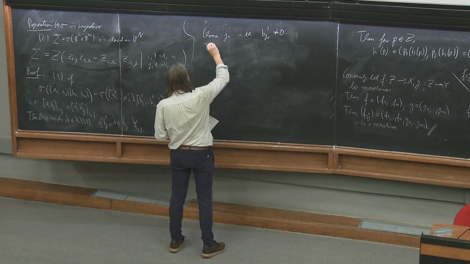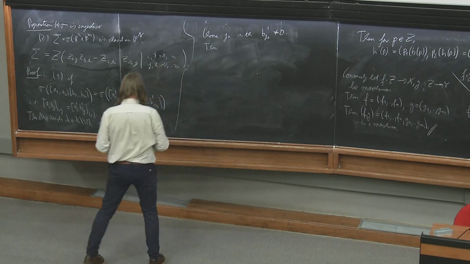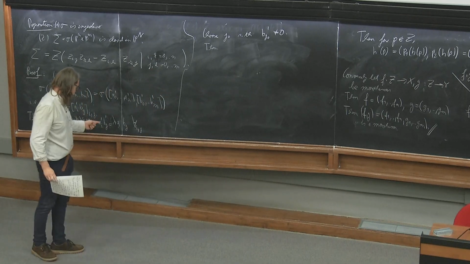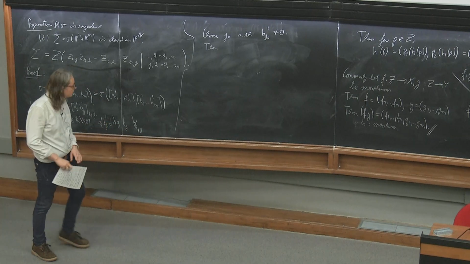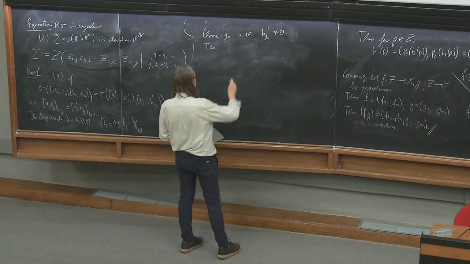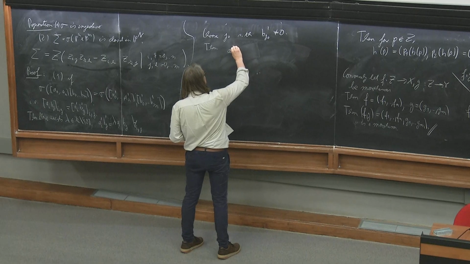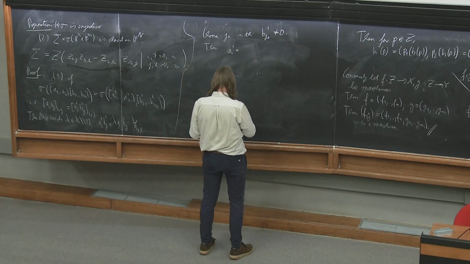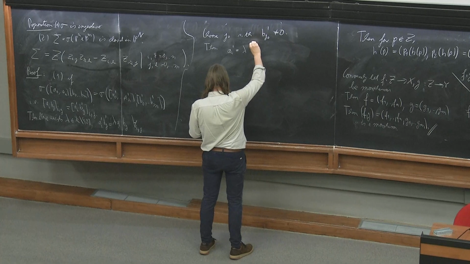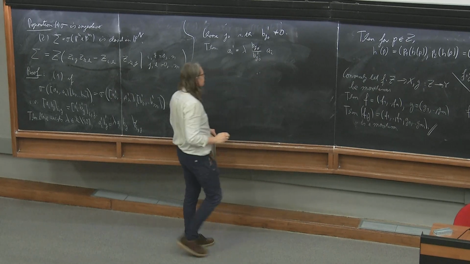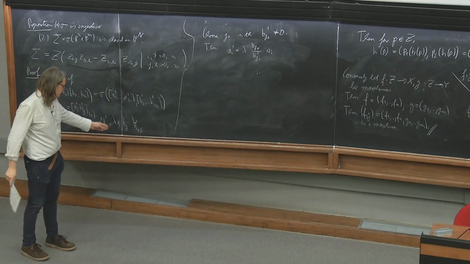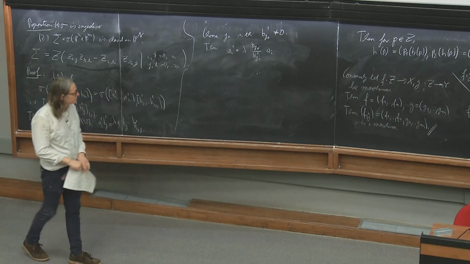So then I can take the second index to be j_0 and bring everything to the other side, so we obtain that A_i' is equal to lambda times B_j0 divided by B_j0' times A_i. I've just taken this equation with j equals j_0 and brought it to the other side.